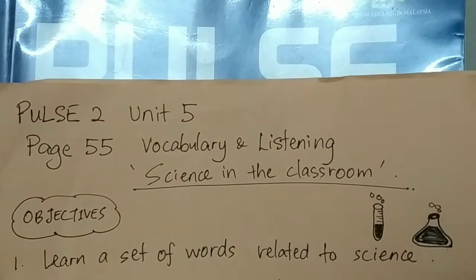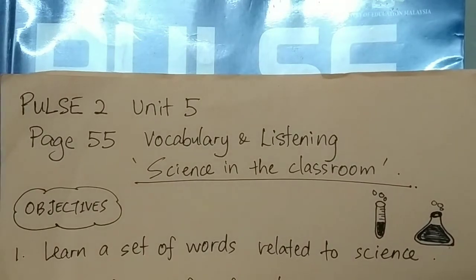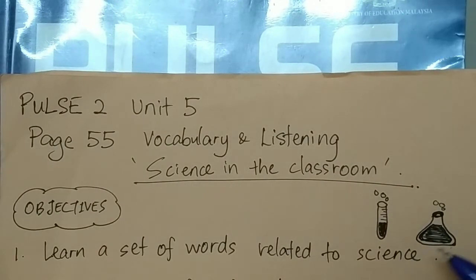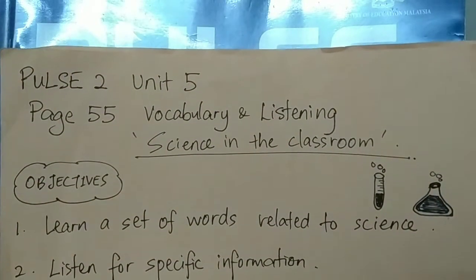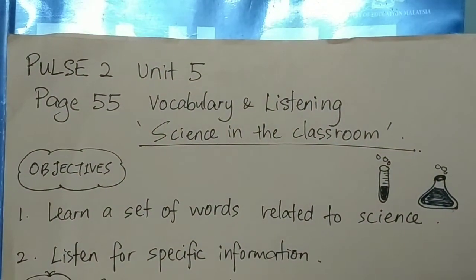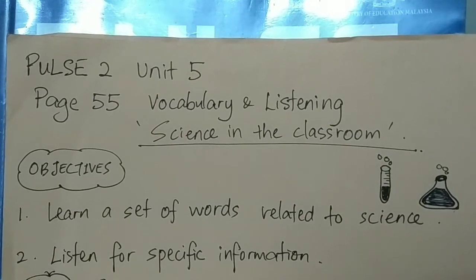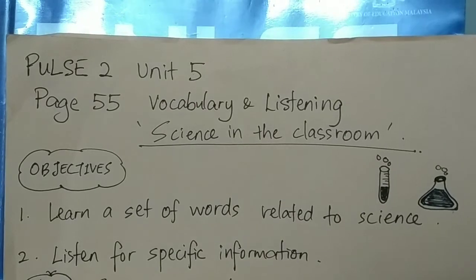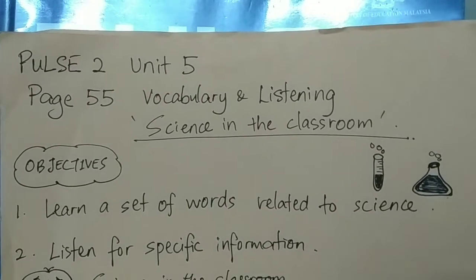Before that, as you can see, there is some lab equipment over here. Objective 1, we are going to learn a set of words related to science. And as for objective 2, we shall listen for specific information. So you need to listen carefully to what I say later after this.